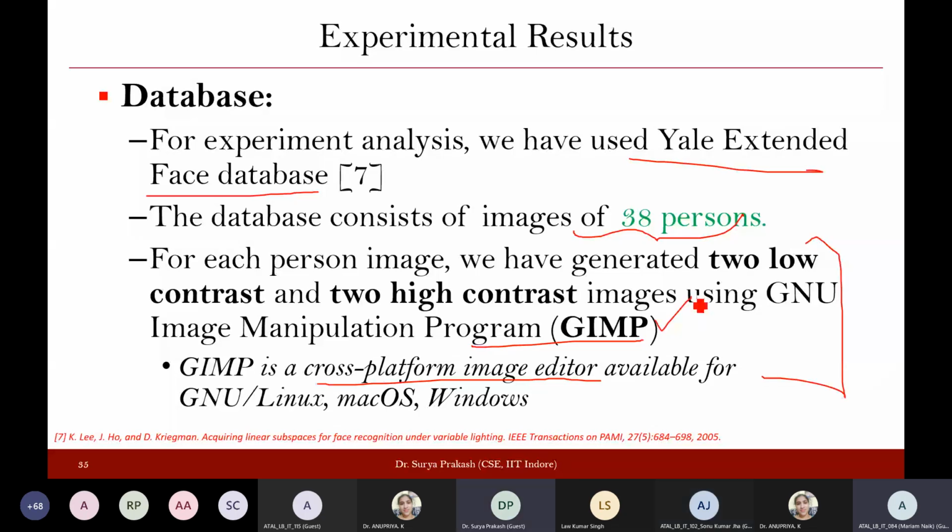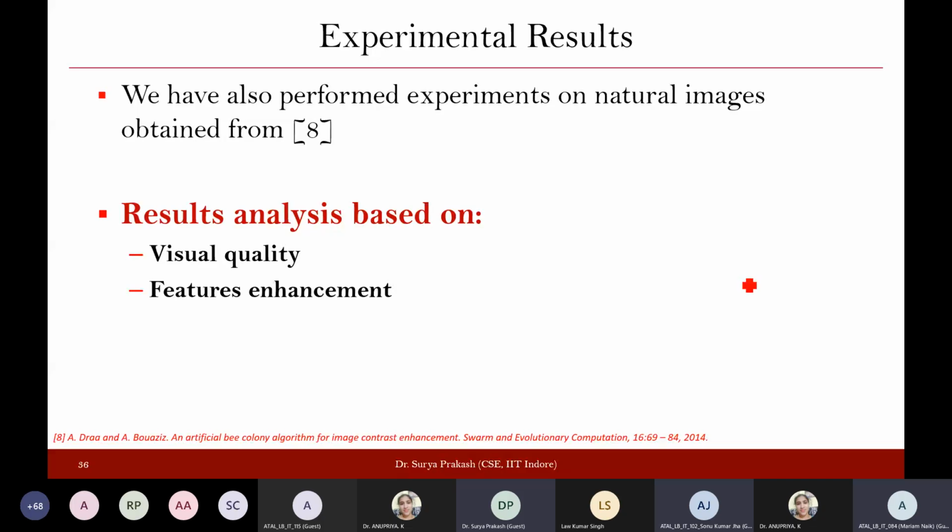There is no database where you have increasing or decreasing contrast images present in any standard format. So just to create a standard setup, we have considered neutral or good contrast images, and from those, by increasing or decreasing the contrast, we have created low contrast and high contrast images.